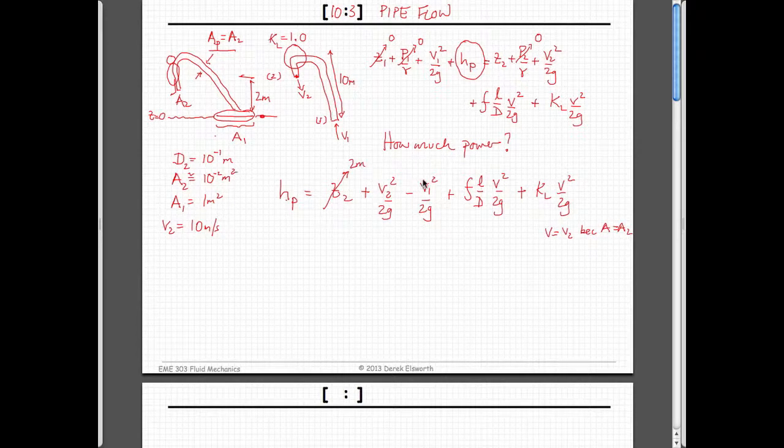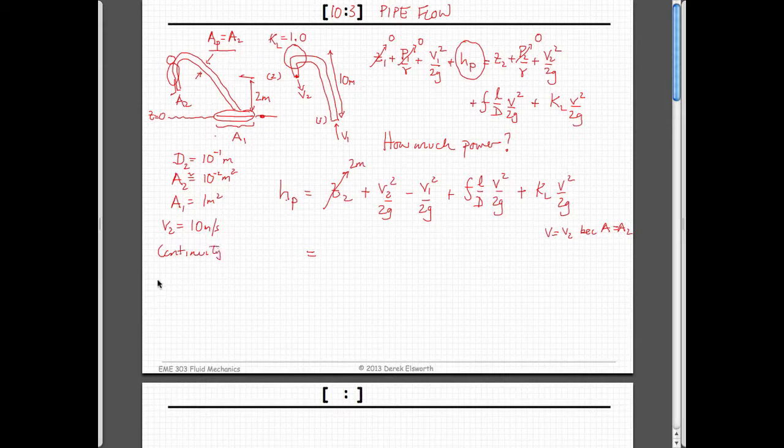We have this painful little thing here which we have to get rid of, because all of these others are going to be in terms of velocity 2. And so what's that going to be? Let's also note continuity. What does continuity give us?